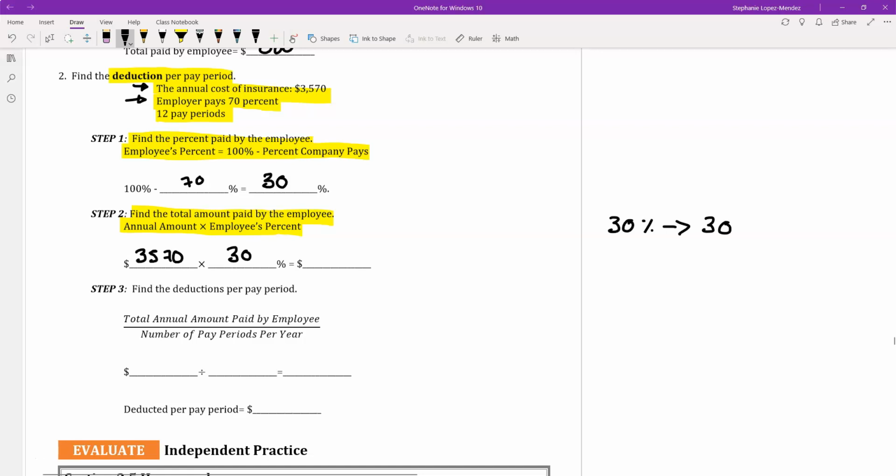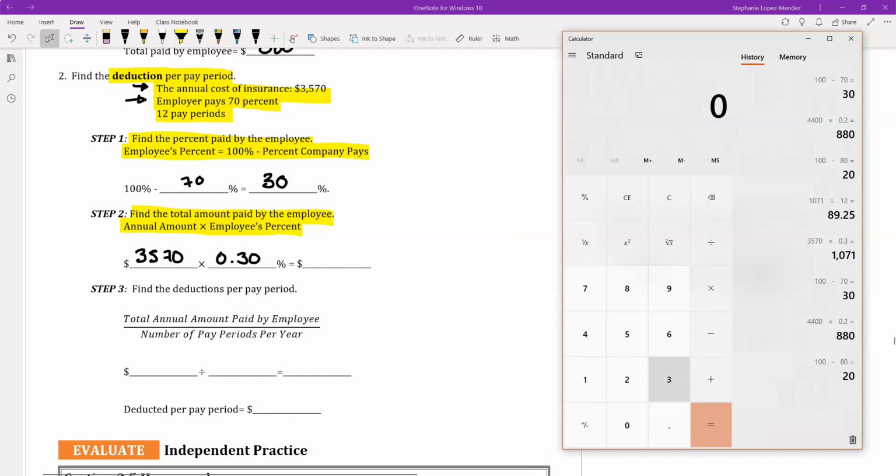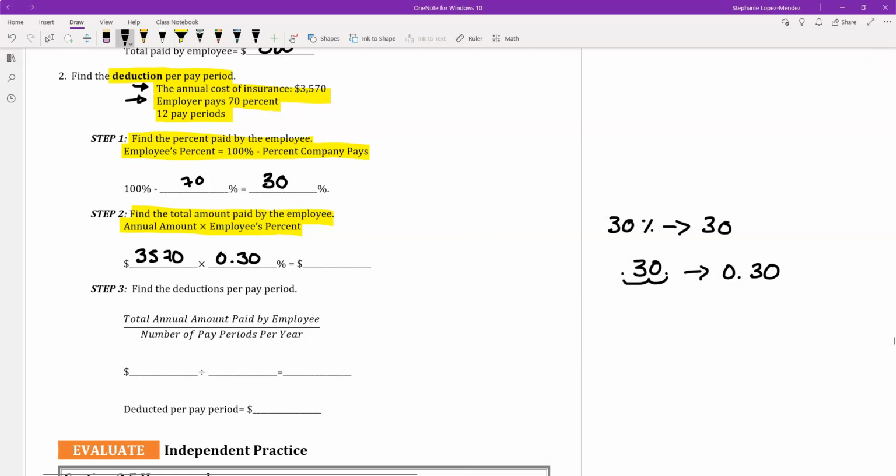I drop the sign, and then I move the decimal 2 times to the left. 30 is less than 100 but greater than 10, so I only need 1 zero. Instead of multiplying by 30, I multiply by 0.30. On my calculator, $3,570 multiplied by 0.30 is a total of $1,071.